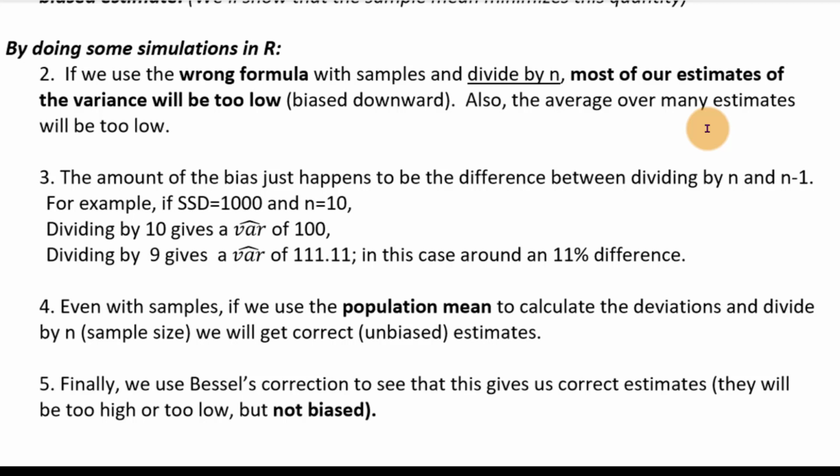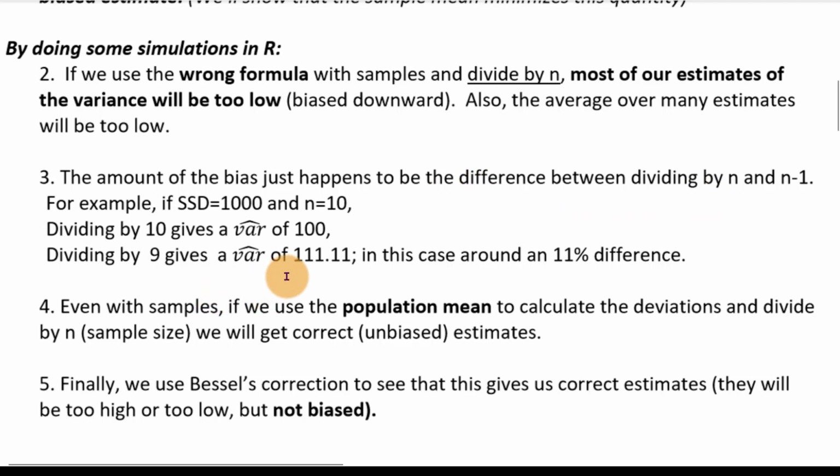They're going to be biased. Item number 3, the amount of bias just happens to be the difference between dividing by n and dividing by n-1. So we're going to be able to see how biased our answers are when we divide by n. And we're going to see that dividing by n-1 fixes that problem.